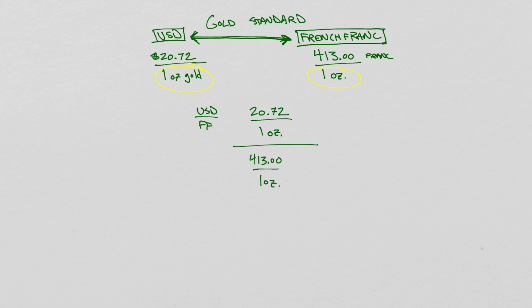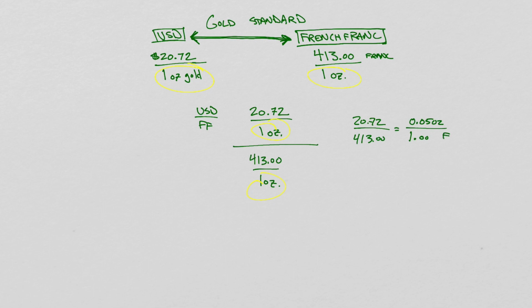And since they're linked to the same thing, this all simplifies, and we're essentially just taking 20.72 divided by 413. And so the rate of the US dollar to the French franc at the time could be quickly found by comparing the two currencies' prices relative to the same amount of gold.